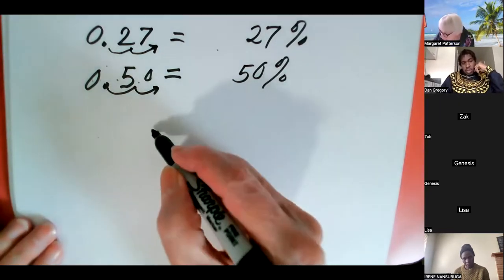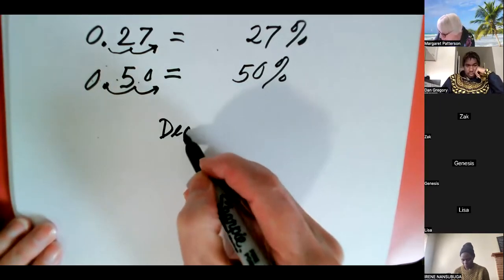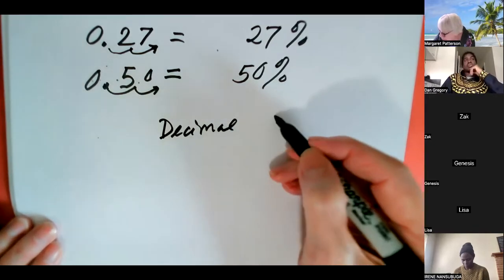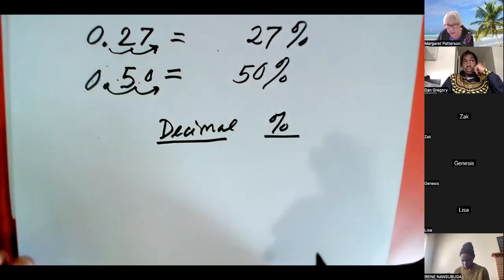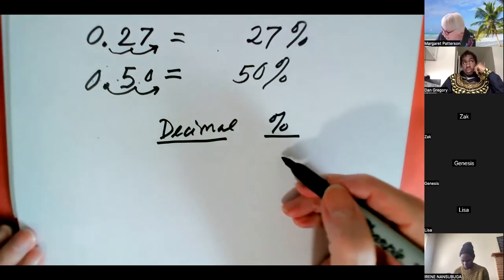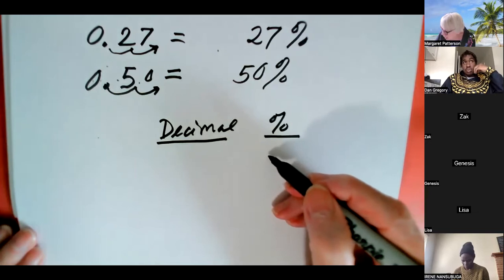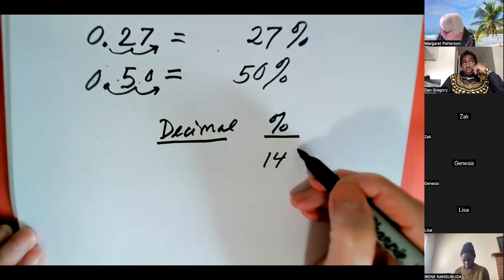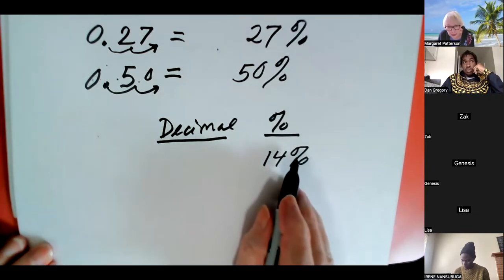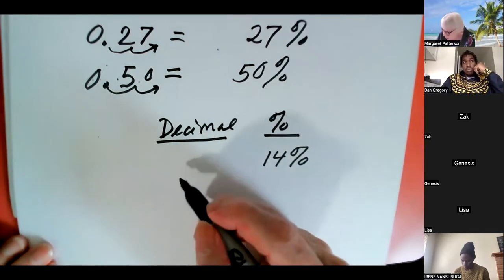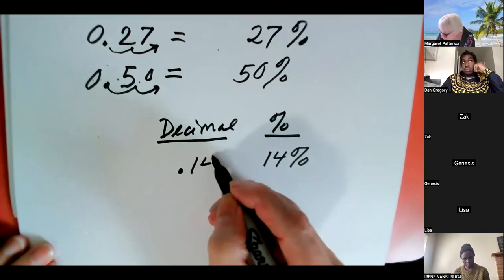So when we had decimals and percents, I'm going to make a chart here so that we can keep this straight. Let's say we had 14%. The decimal is 0.14.